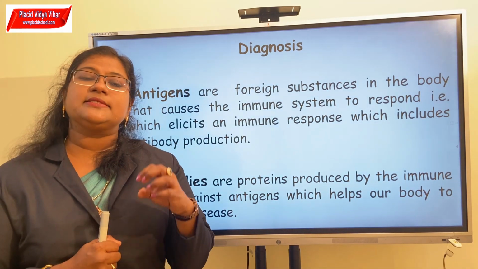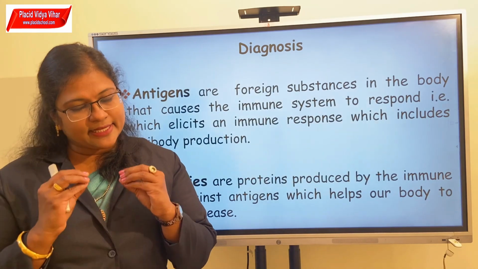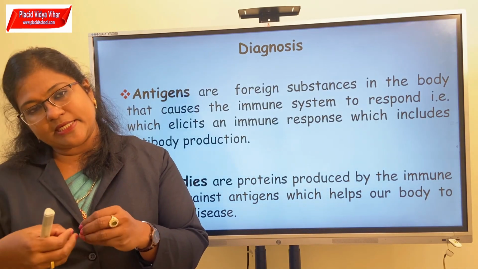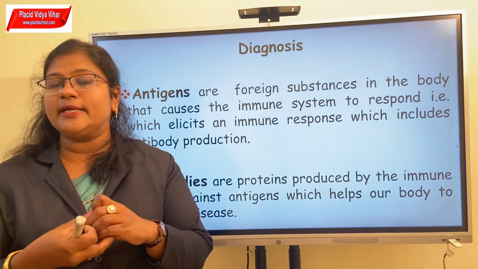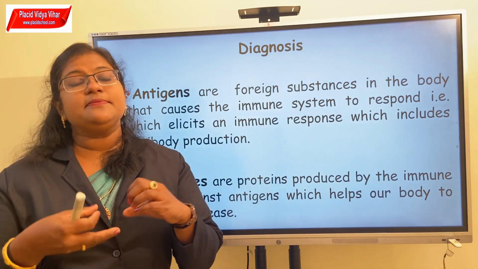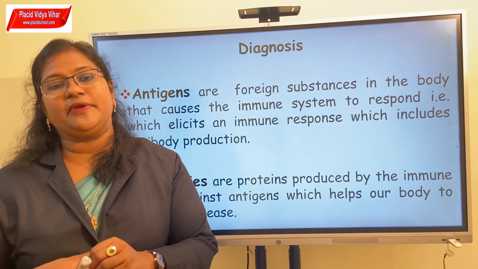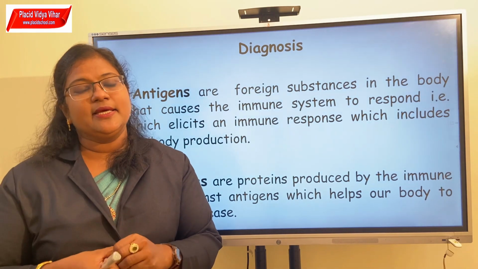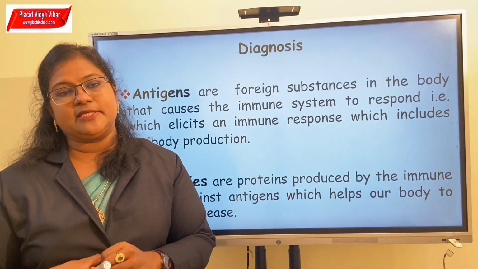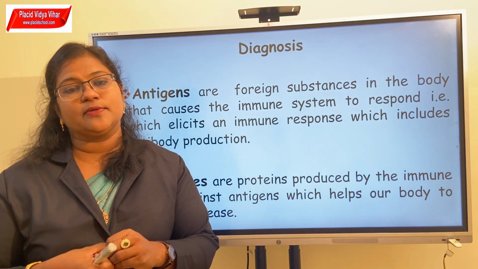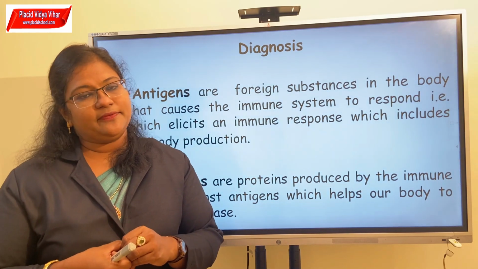An enzyme has a particular site which is known as the catalytic site, into which a substrate will fit. You have called it the lock and key hypothesis. Enzyme substrate interaction is as specific as a lock and a key. So you have to remember these two specificities before we proceed to the diagnostic procedures of HIV infection.